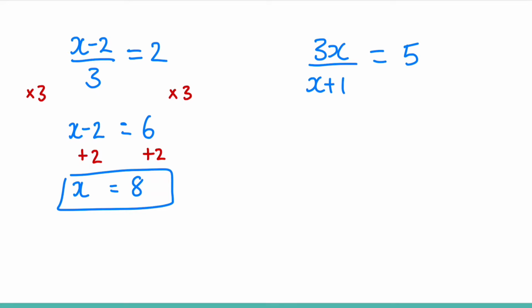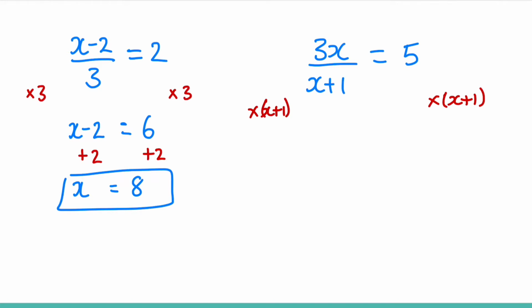The next one, we're going to do the same thing. This time we're going to times by x plus 1. And you can see here how important it is to make your x's and your times look a bit different from one another.